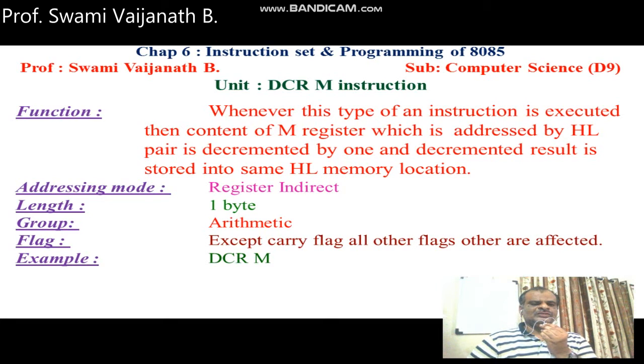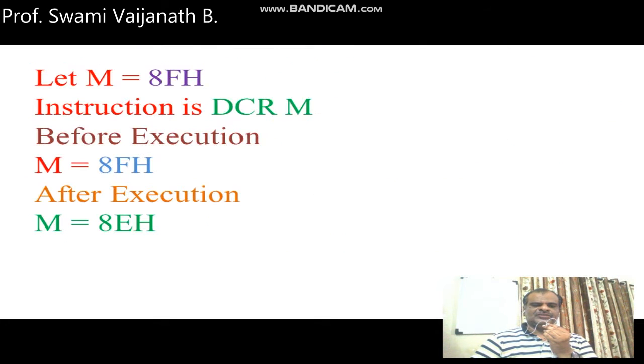The addressing mode is register indirect, because one operand is the M register. The length is 1 byte. The group is arithmetic, and except the carry flag, all flags are affected by this instruction.